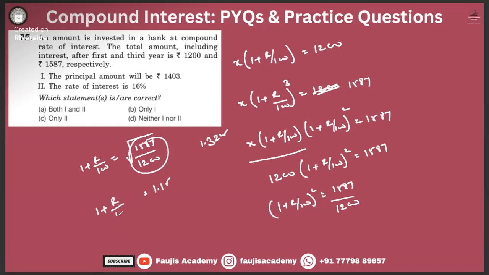So 1 plus R by 100 is this much, which means R by 100 is 0.15. That means R is 15. The only cumbersome part here is to calculate this value.